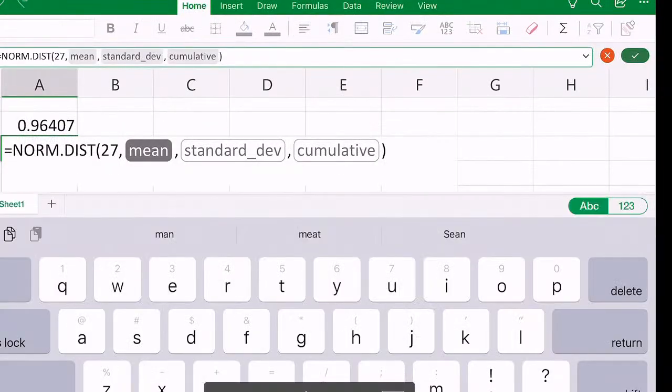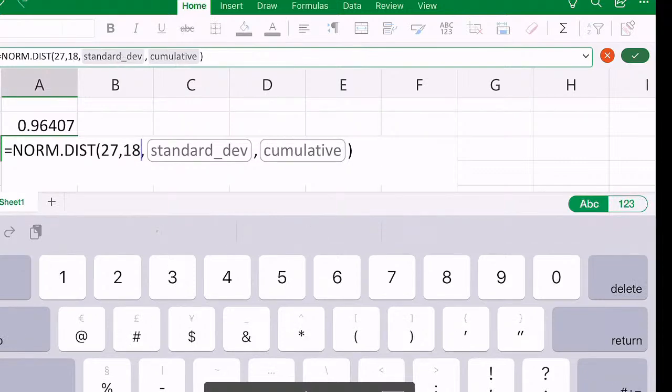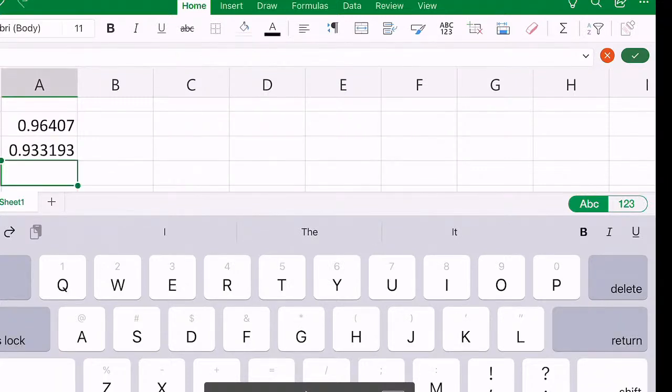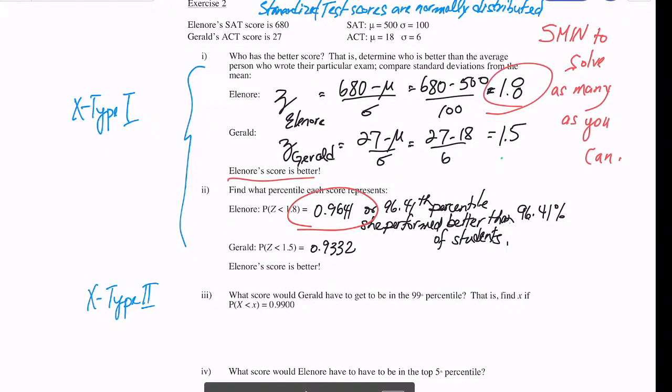The mean was 18 for that group. The standard deviation was 6, and I want cumulative 1. Now I press return, and I get .9332. Is that correct? .9332.